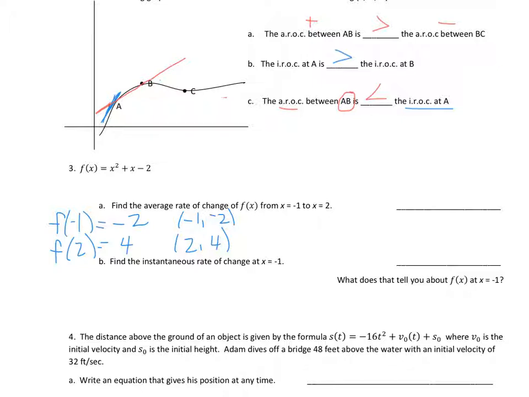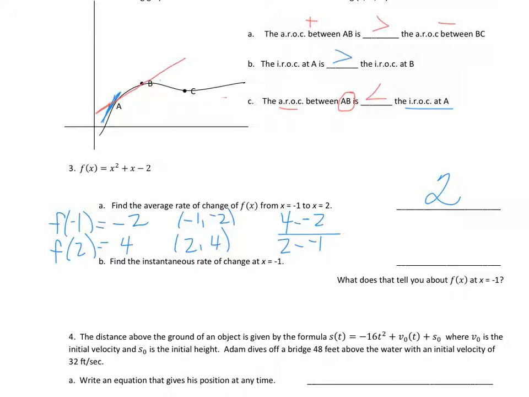So I'm just telling you now, anytime you're finding slope, write it out. Even if it's -0, literally put -0 and go from there. Now from there, if you wrote the answer, fine. So 6/3, so the average rate of change of f of x from -1 to 2 is 2.